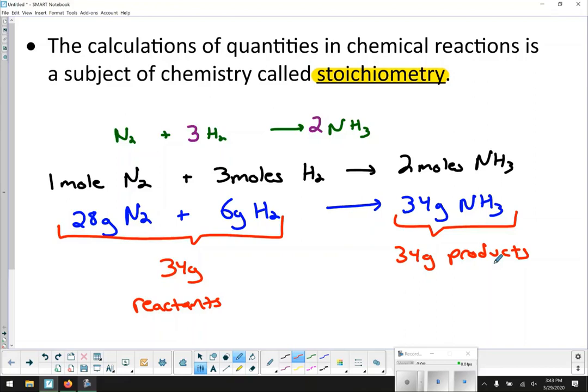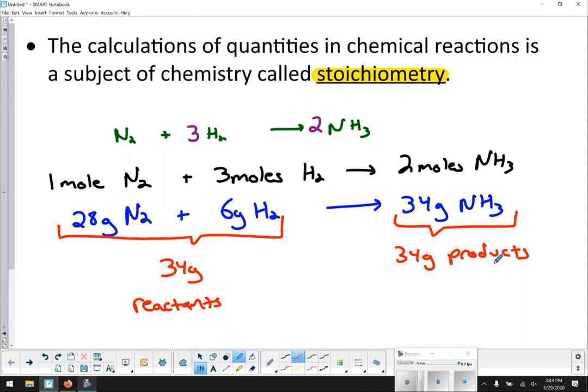We're kind of a puny little species, and all we can do is move matter around a little bit, except for nuclear reactions, which occasionally destroy the equivalent of a neutron. We don't create or destroy matter. All we do is push it around. So however many grams you start with, you need to end up with that many grams. There's no way around it. So if I had 28 grams of nitrogen and 6 grams of hydrogen, they would make 34 grams of ammonia. The mass would be the same because the atoms are the same.